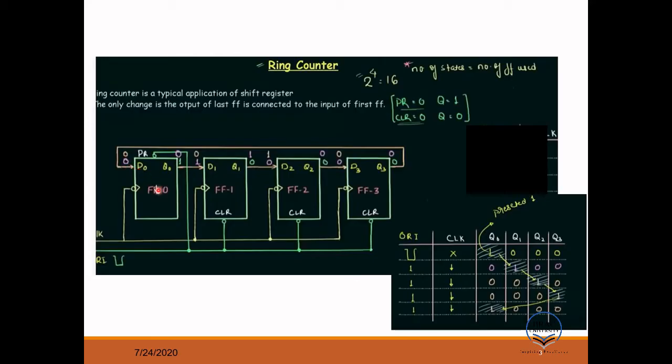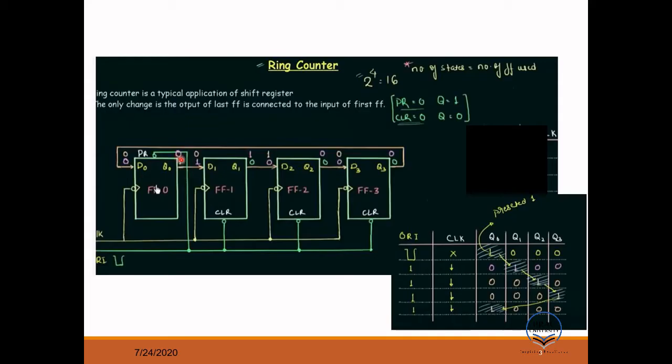And as it is a D flip-flop, if input is 0, output is 0, so the output will be this bluish, violet color, so this will be 0. Then this 0 will be here for the second clock, so first and second.